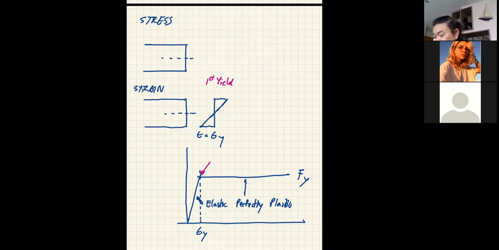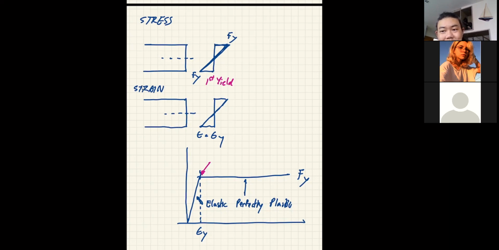And because it's where the yielding is, now if you look at the stress, right here is when you have the Fy as well, right? That's Fy and that's Fy. So basically that's first yield, okay? But suppose I don't stop there.